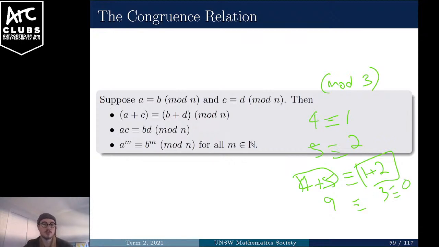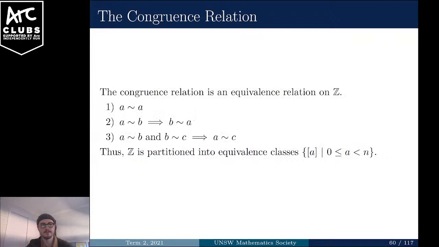And then you've got a similar thing with multiplication, and this one is essentially just the previous property done a bunch of times. Cool. Interestingly, the congruence relation is an equivalence relation on the integers. If that means anything to you, then that's good.